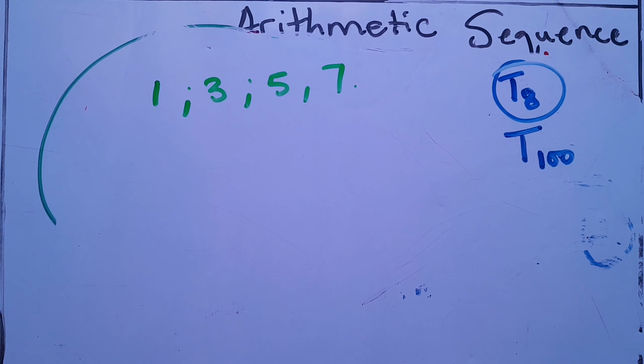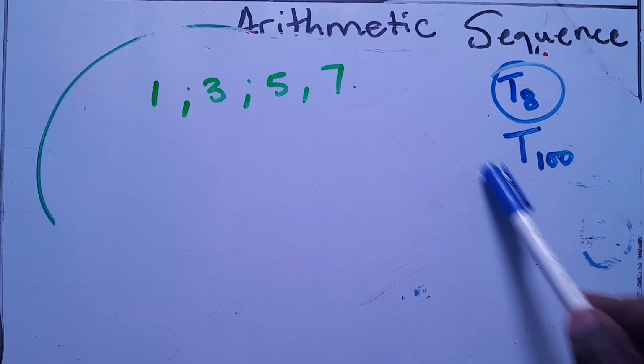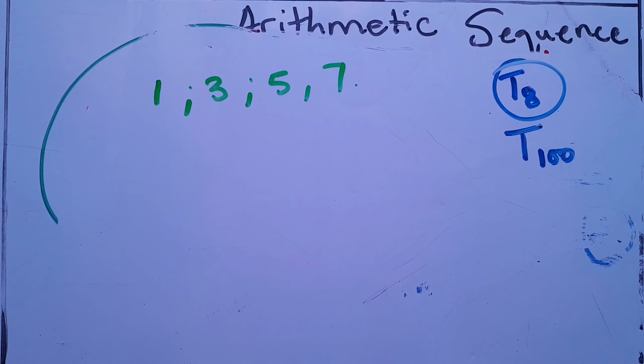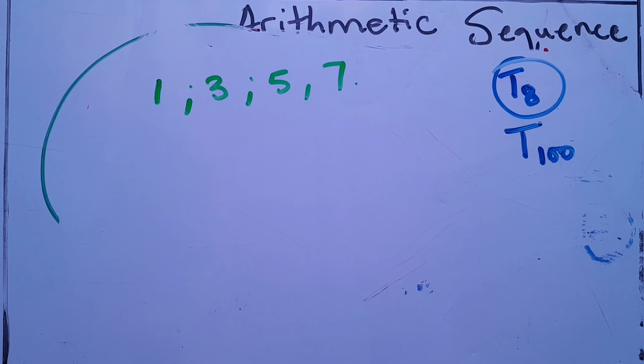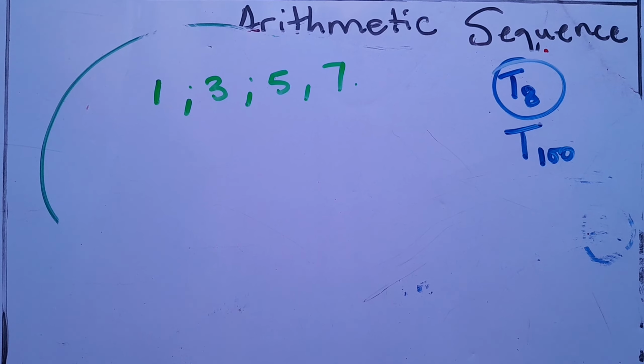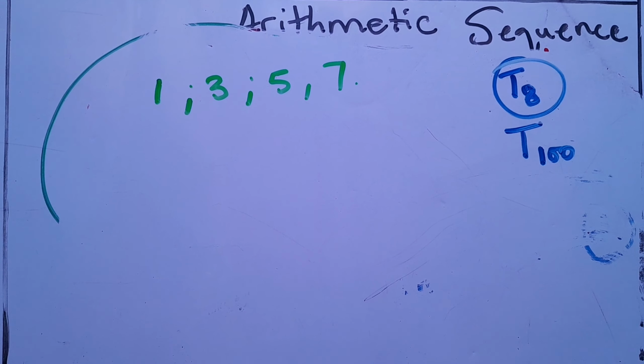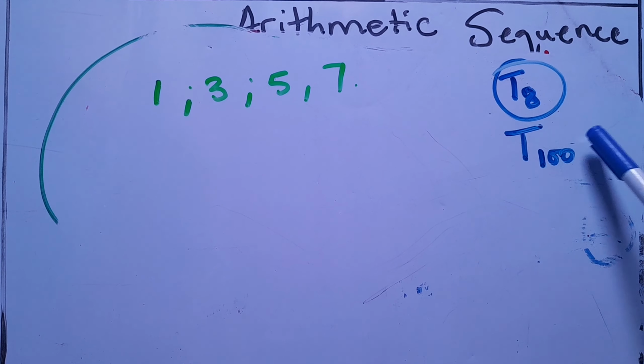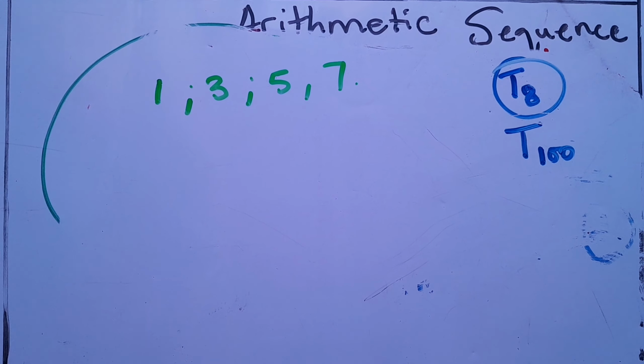Now it can be a difficult task to continue these numbers up to 100, right? But since we do maths, we always find the general formula to solve anything, right? So if we can find the general formula of this sequence, then we can calculate any term number in the sequence without a problem and without wasting time, right?